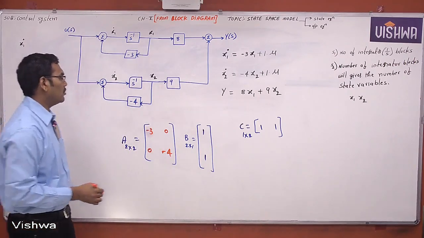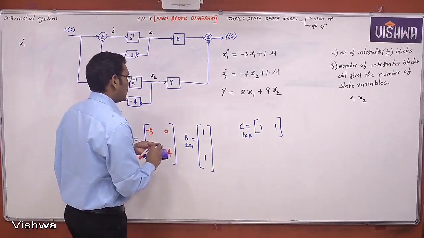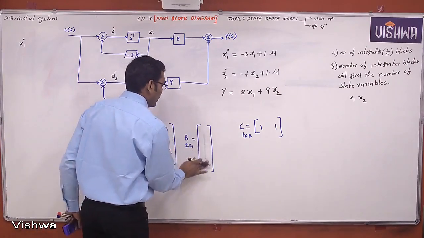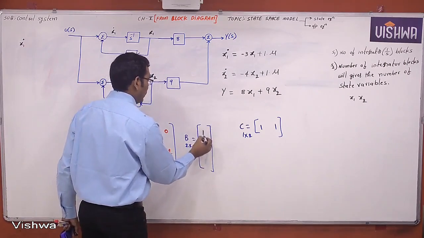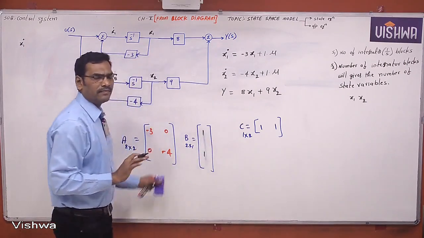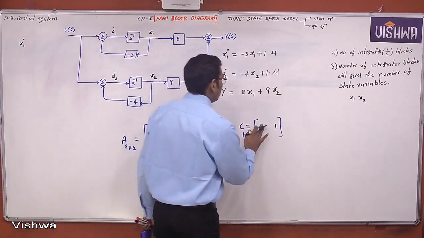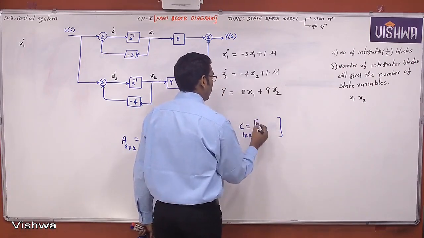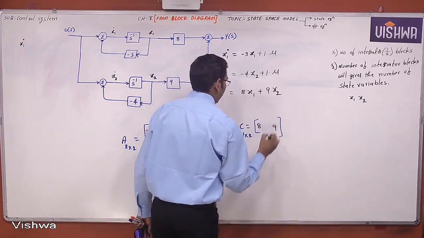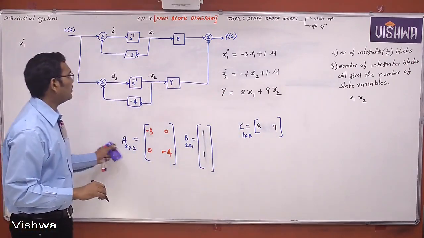Okay. So this is the B matrix. B matrix coefficients are 1, 1. Don't fix that 1, 1. Whatever comes, you will write that. C matrix order is 1 by 2, so 8 and 9. This is the ABC matrix.